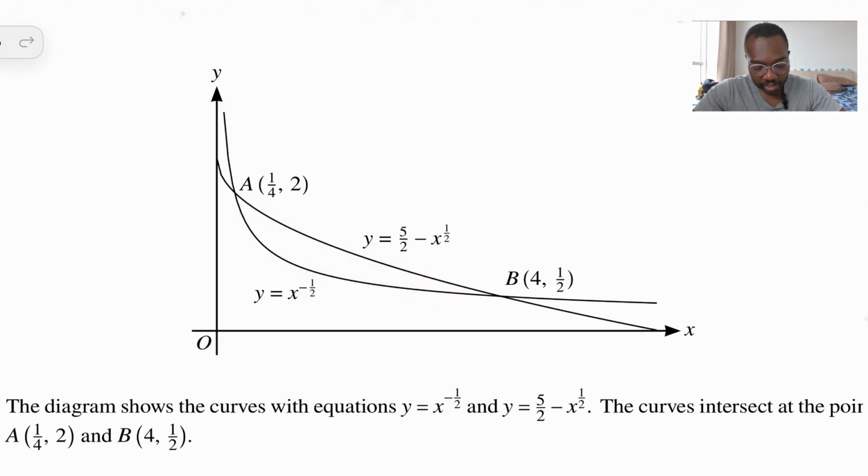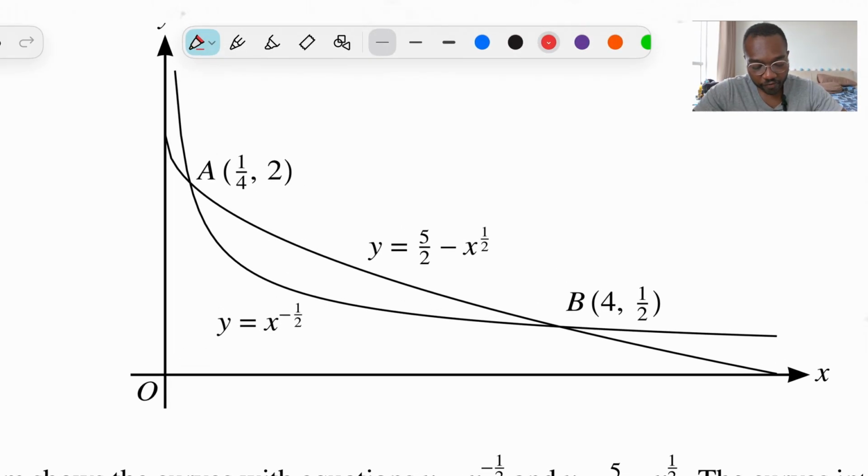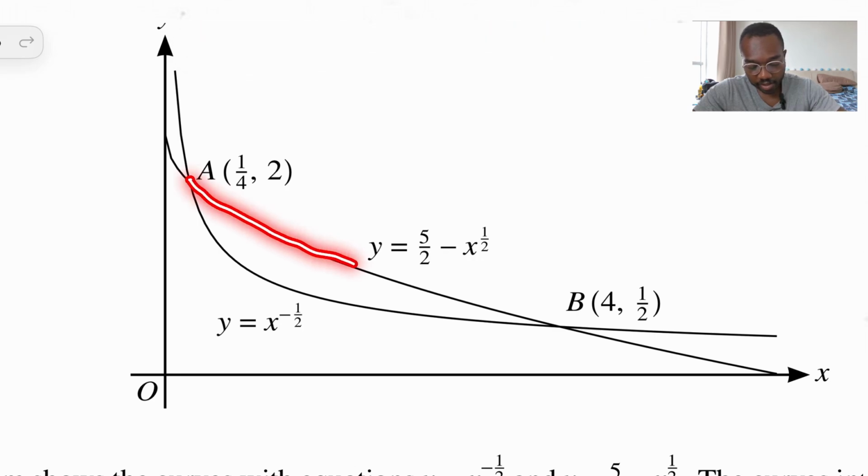Now, to figure that out, we're going to integrate, okay? When we integrate to look at the area, it's always going to be the area under the curve. So effectively, what you can think of in this question is it's always the area under the curve. So if we think about this line here, this is the 5 over 2 line, okay? Think about that line between the points 1 over 4 and 4.